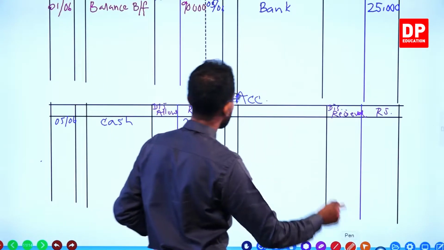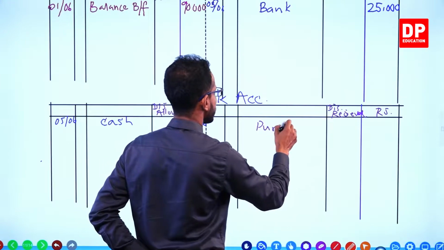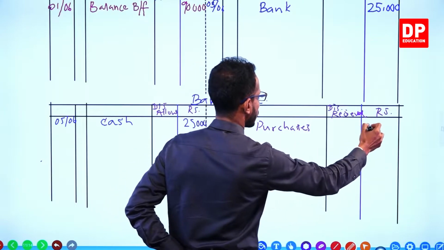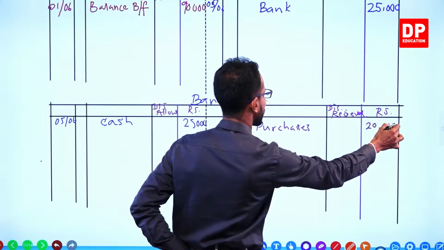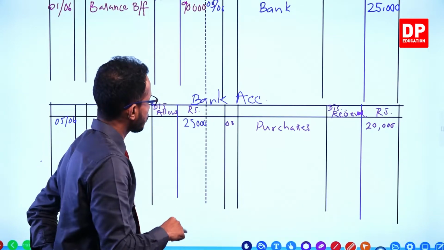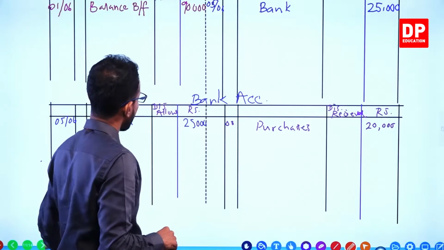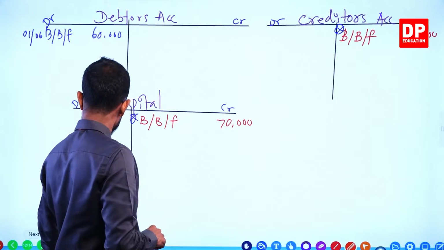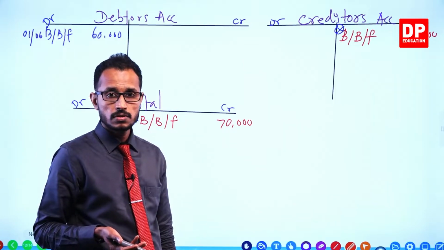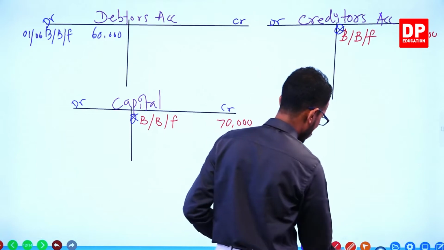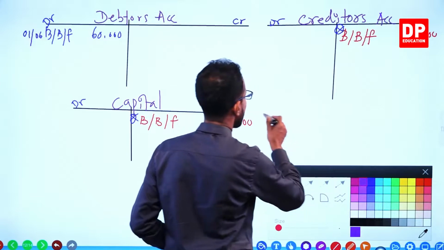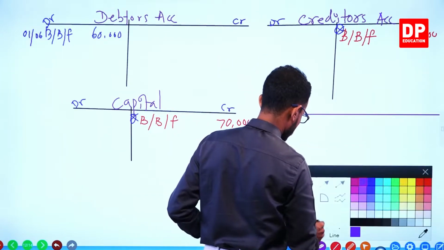Description purchases, 20,000, 8th transaction. Bank account credit, purchases account should be debit. Now do we have a purchases account? No, we don't. So we need to draw a purchases account. All right, purchases account.